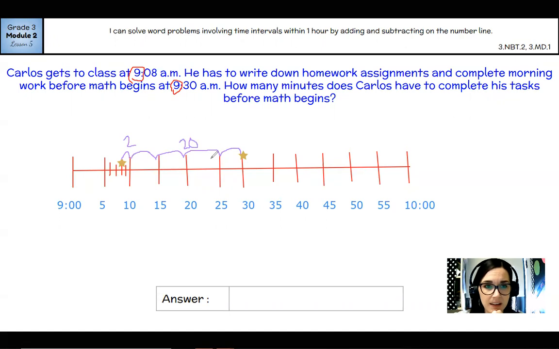Now all I have to do is put these two numbers together to figure out how many minutes it took. So it took Carlos 22 minutes. It will take him 22 minutes to complete his tasks before math begins. That's how long he has. So my answer would be 22 minutes.